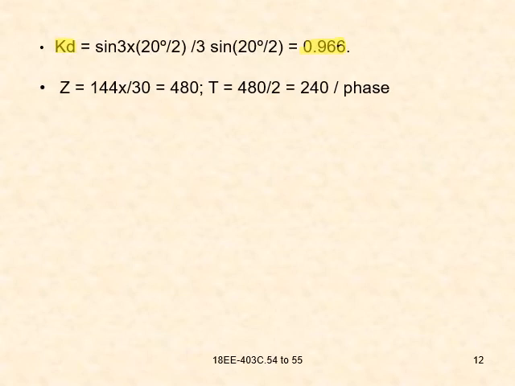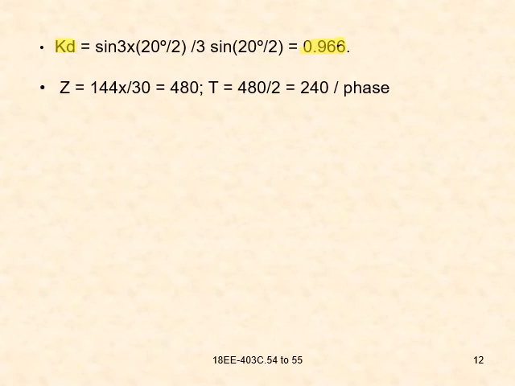We have total number of slots of 144. The total number of conductors is given by Z, that is 144 into 10/3, that is 3.33, which gets 480.